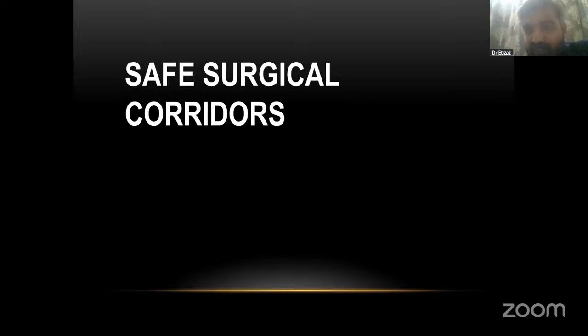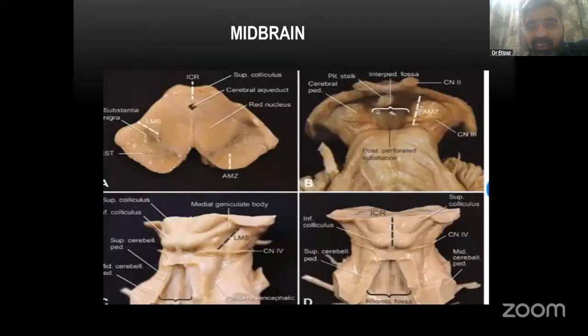Surgical safe corridor. I will spend just 1 minute on this, then I will finish. It's very easy if we know the landmarks. In the anterior surface we have two areas: this is the peduncle and this is the medial sulcus.